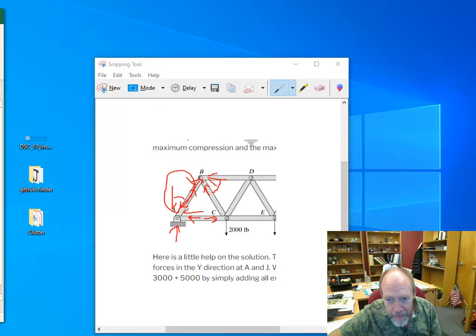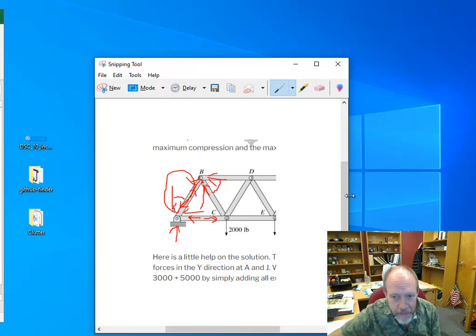Now, AB and BC are both at B. There's two component forces, both going up and both going in at 30 degrees, because I have to split this angle to get the cosine, or I could just take the sine. Sine would do the same thing, but it's still going to be 0.866.